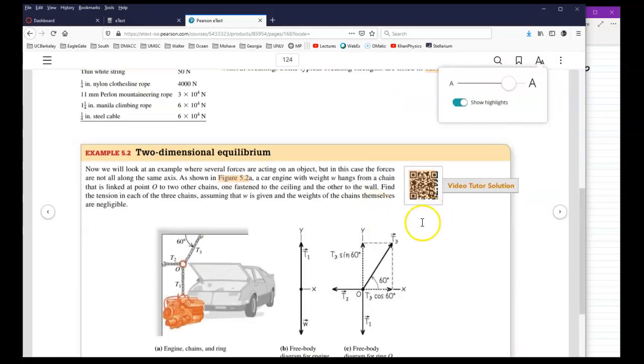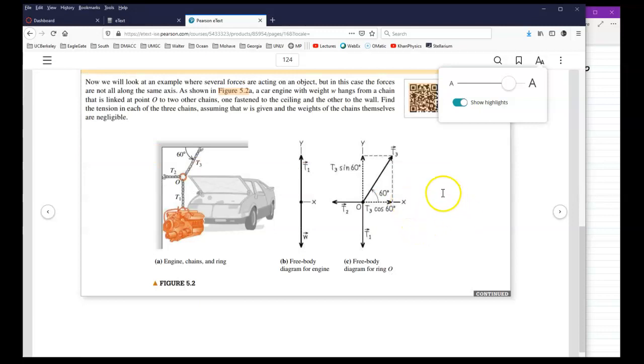It's too big, but that's all right. There we go. So what you're looking at here, this situation right here. You have an engine of a car hung from 3 chains like that. You see that? And this chain is at 60 degrees with respect to the horizontal. And there we go. So anyway, let's read the problem together.